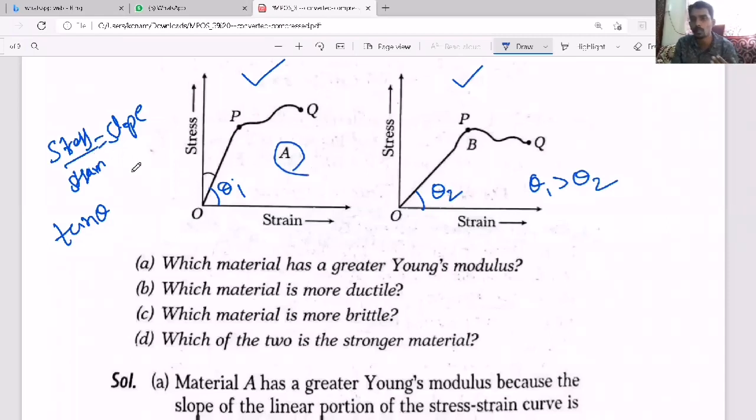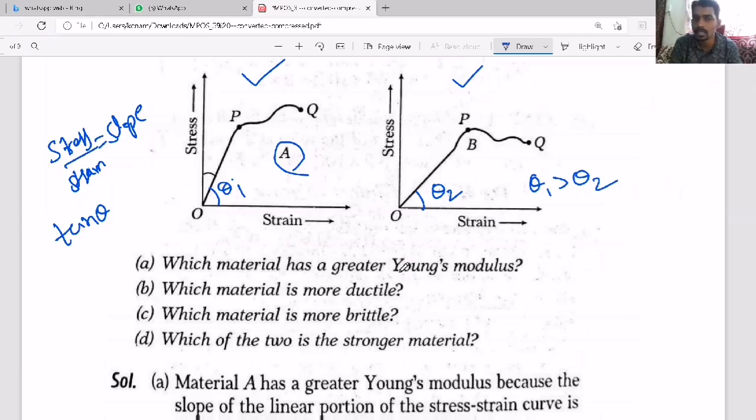So stress by strain ratio more. So modulus of elasticity more. But here they specifically say the first one, that is Young's modulus, which we will study now. Don't worry. Just take it as modulus of elasticity. Whose modulus of elasticity is more? The material Y. Why? Because its slope is more.